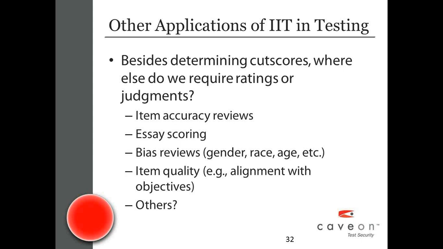But we could also look at race or age or any other characteristics. Also judging item quality in terms of how closely they align with objectives is a great task for IIT. And there may be others. I'd welcome hearing more places where judgments are used in the test development process, if you have some and you'd like to offer those.